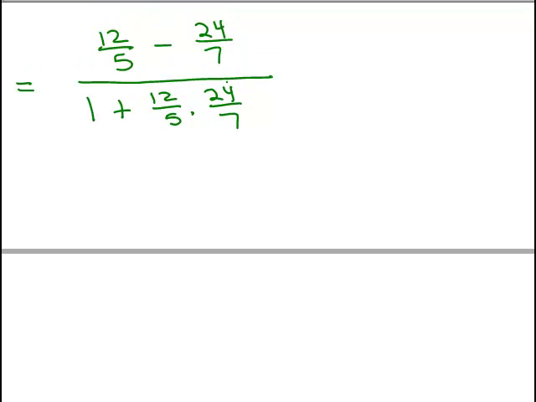So we want to simplify this. And I've got a complex fraction. So let's multiply by the least common denominator to get rid of these complex fractions. And that'll be 35.